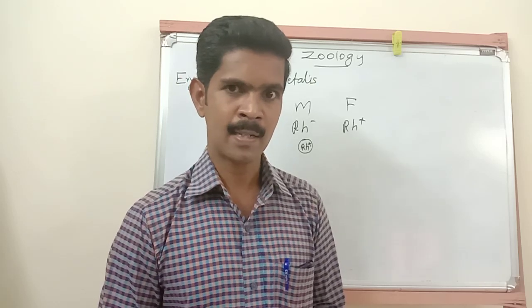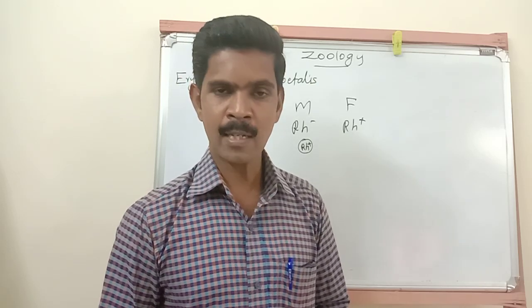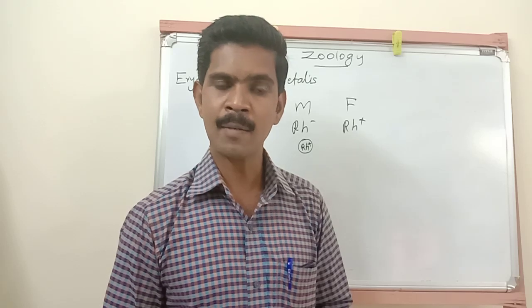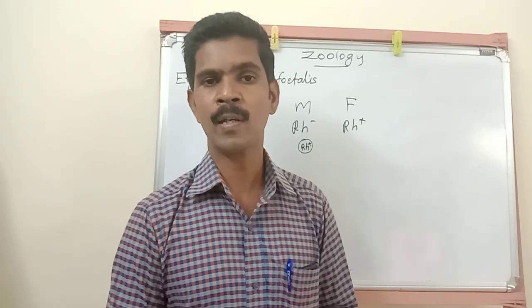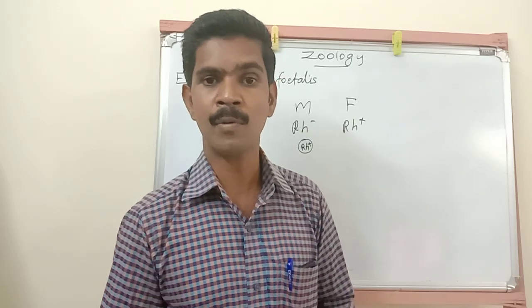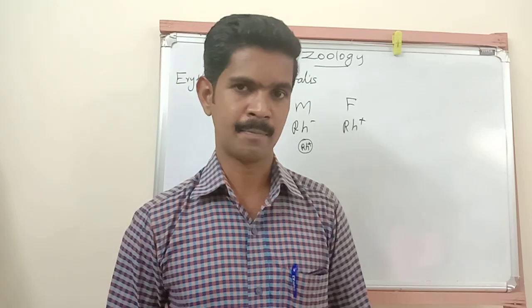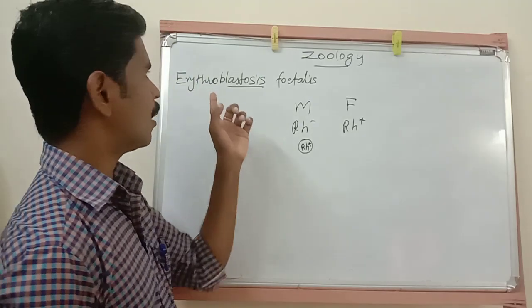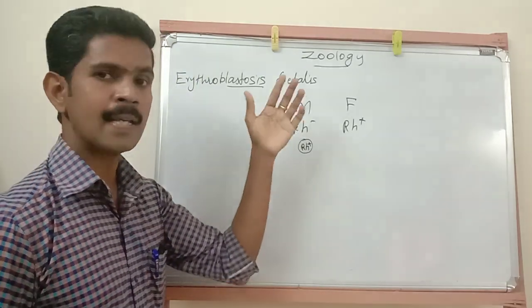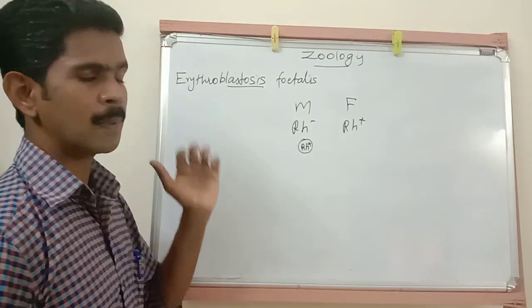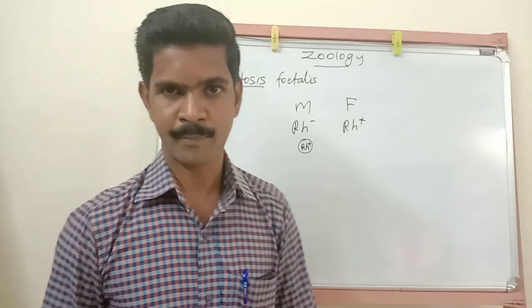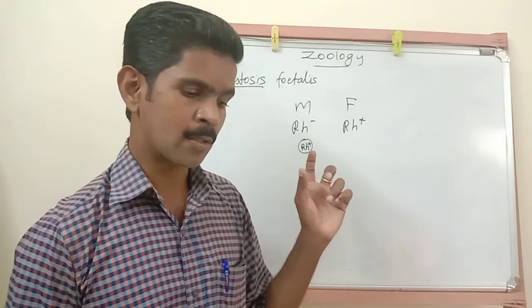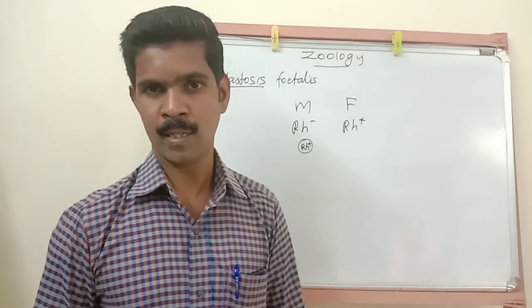These antibodies destroy the antibodies already produced in the body of the mother before the immune system gets sensitized. Hope you all understood. So now we have completed erythroblastosis fetalis and its prevention. Understand, my dear students? It is one of the very important 5-mark questions.